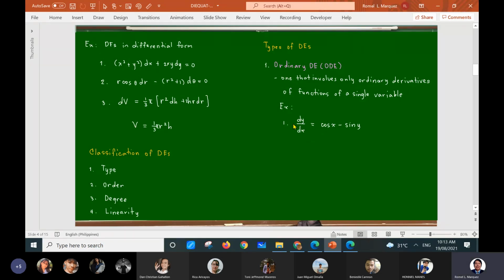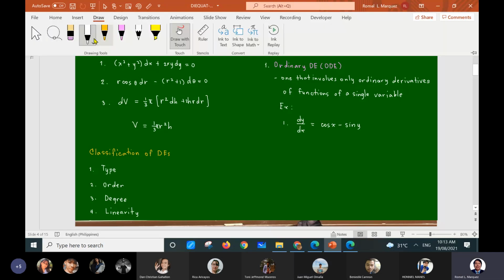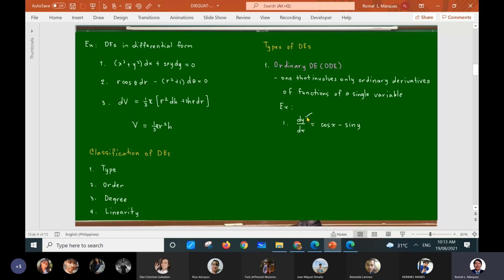Because the derivative involved is just ordinary derivative. Am I clear with that, guys? If you're asked, what is the dependent here? Y. Independent is x. Okay? What about this one?